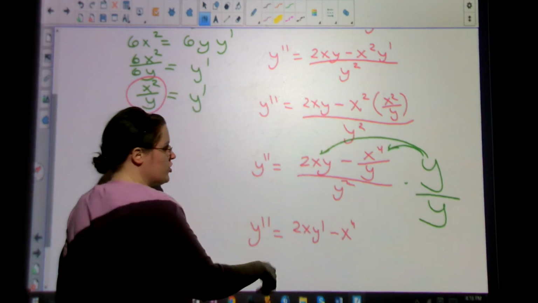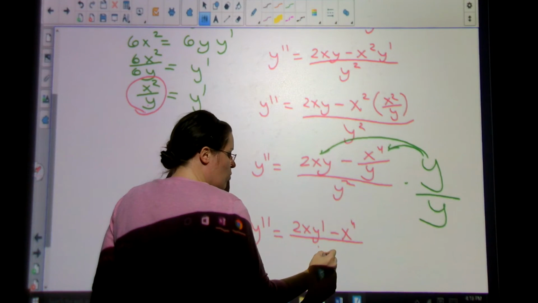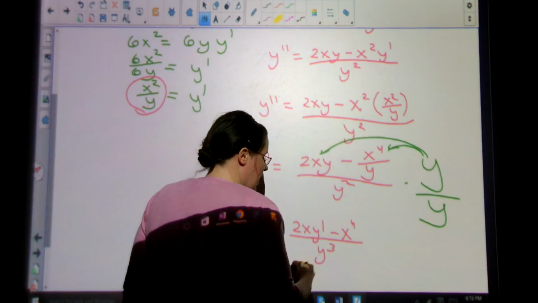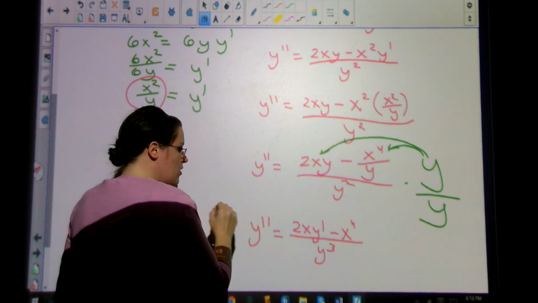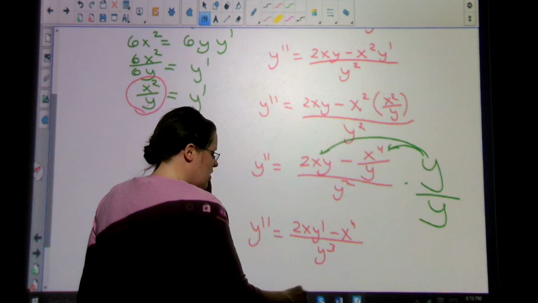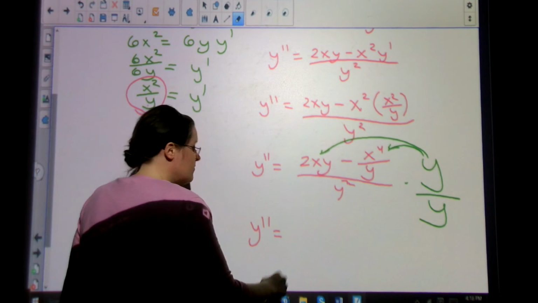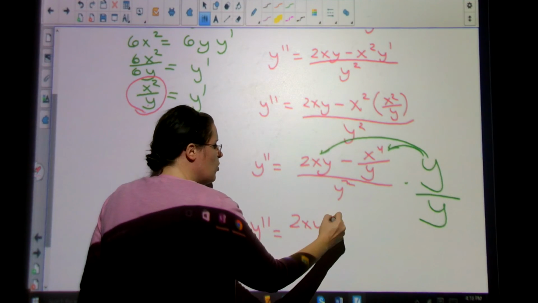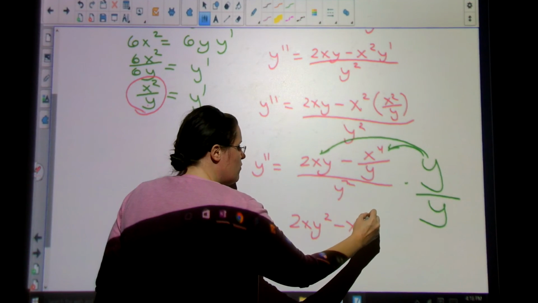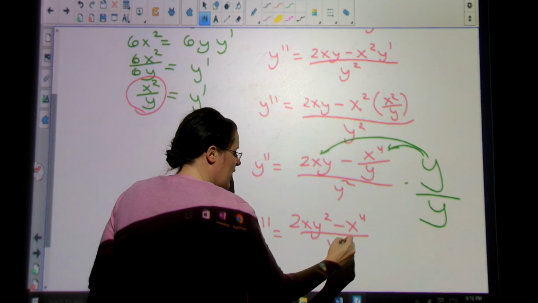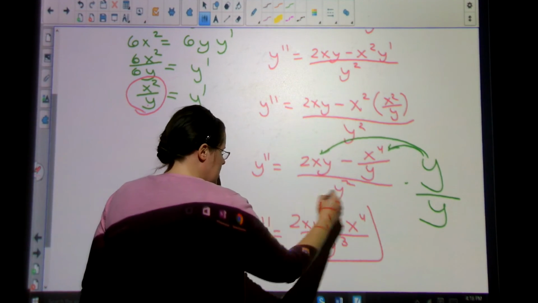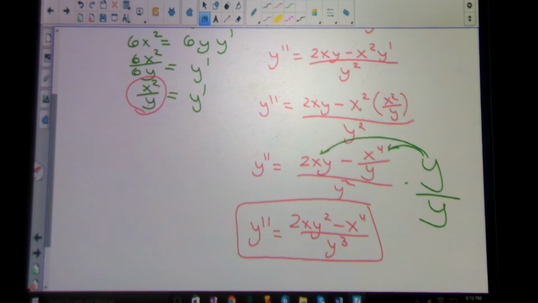Voila, no more fraction. On the bottom, I end with y cubed, y squared times y. That's a y squared. Sorry. So 2xy squared minus x to the fourth over y cubed. So now I have my second derivative in terms of x and y only. These can get very messy. Reduce as much as you can as you go.